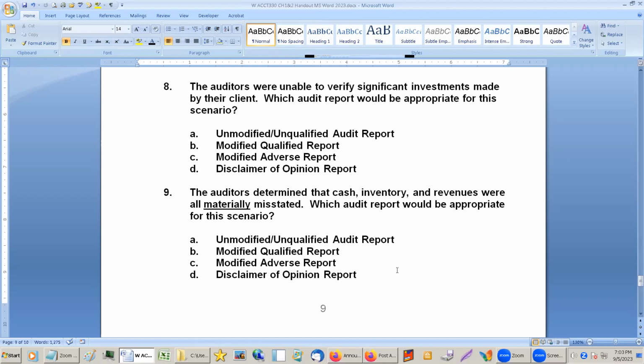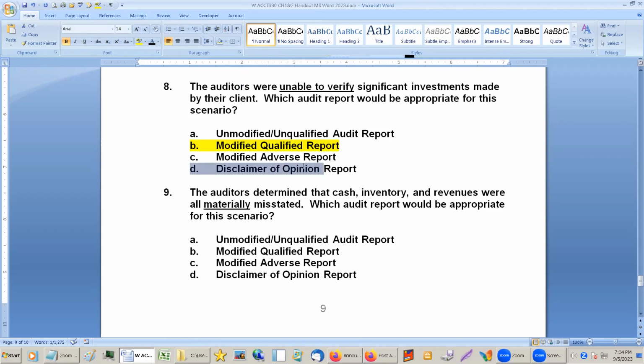Qualified report? No. A qualified, it could be. It could be a qualified report because it is one account. There's one more that it could be. When you're unable to verify something, a disclaimer of opinion. Yeah.